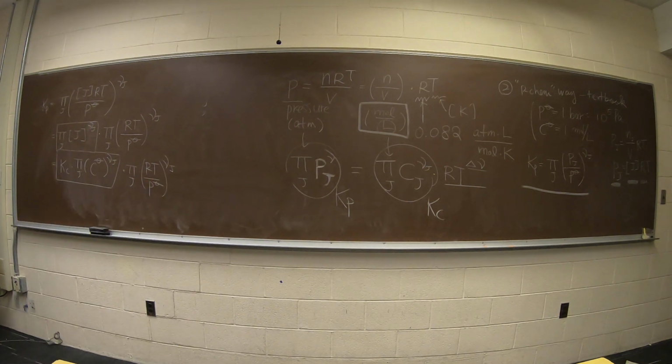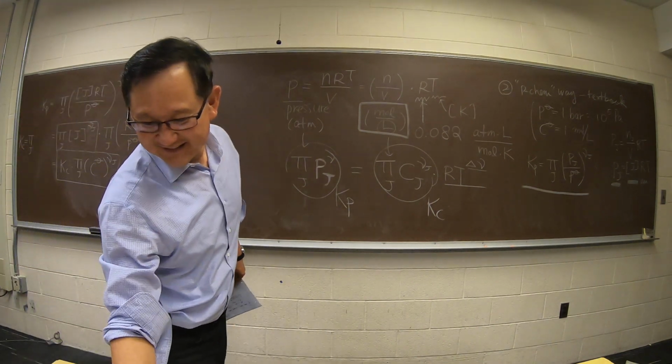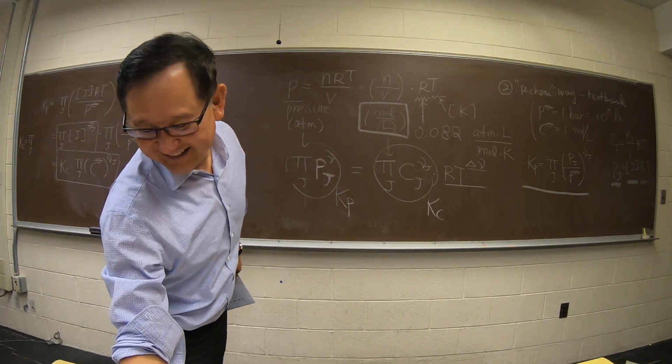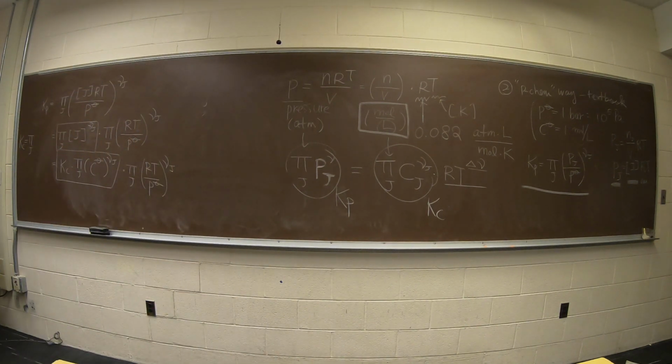Okay, so what I just did is Kc can also be defined as this. I found this on the web. Check it out. I didn't do anything. Oh my God, what is going on?